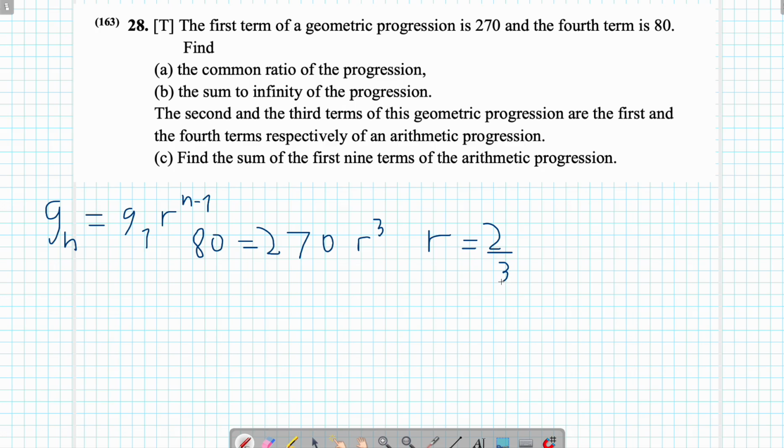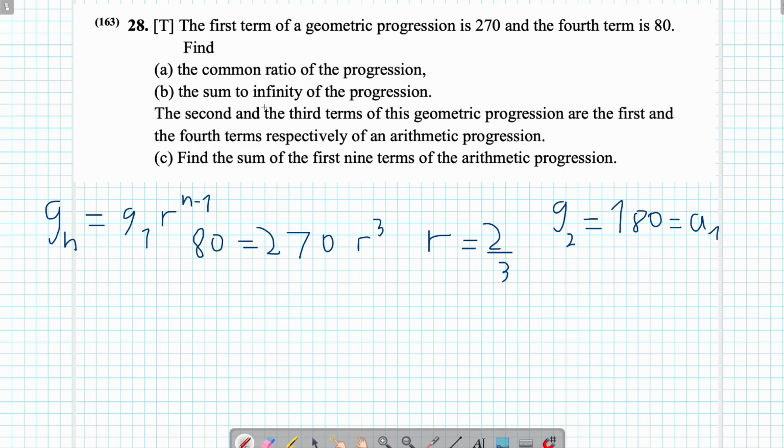The second and third terms of this geometric progression are the first and fourth terms of that arithmetic progression. So here we have the second term would be 270 times 2 over 3. So G2 is equal to 180, which is equal to, at the same time, A1, my bad.